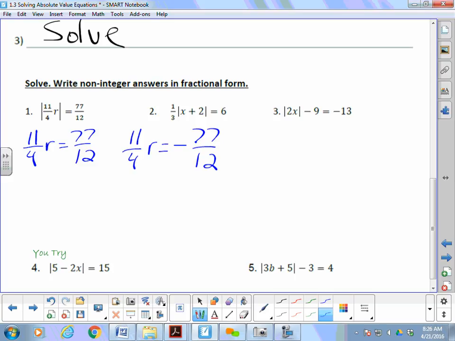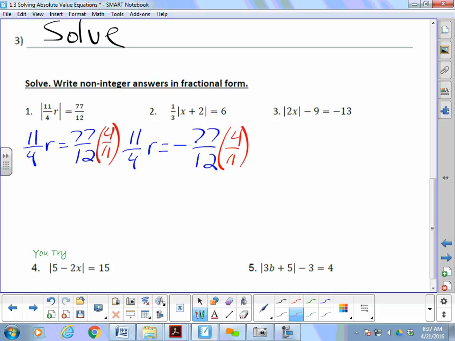So when you have an absolute value, you're not always, but most of the time, going to end up with two solutions, okay? Because from the original, it could be positive or negative. So here we're going to multiply both sides by 4 over 11. Right?